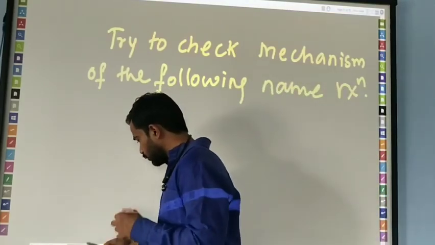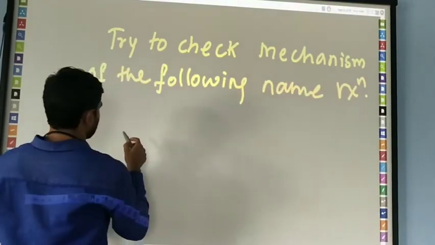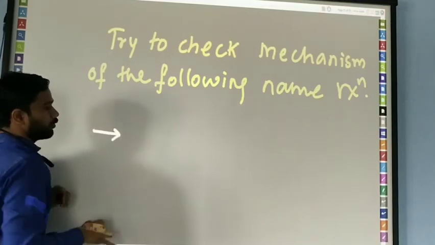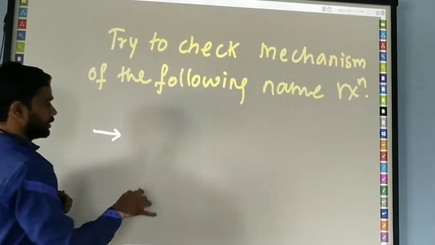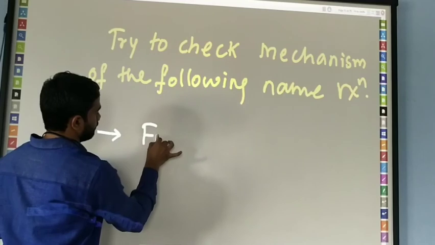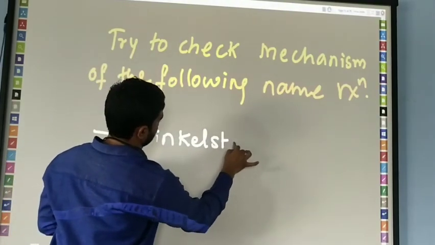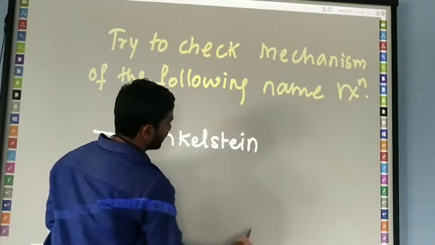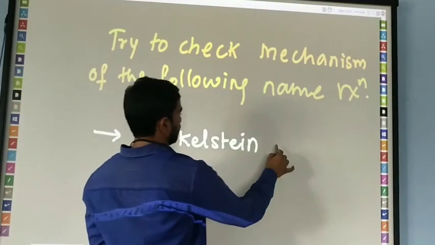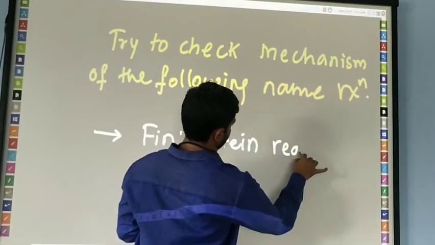Very important ones. Already we discussed these, but I have not told you which mechanism they follow. The first one is the Finkelstein reaction. Just find out which mechanism it follows.